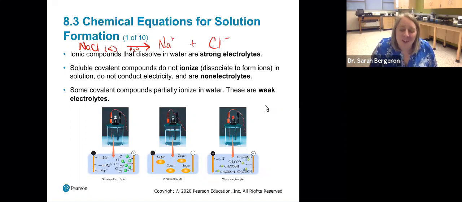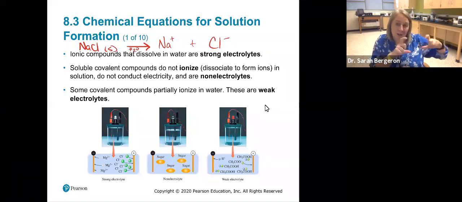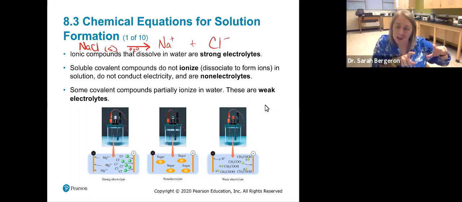We call them strong electrolytes because they can propagate an electrical signal, right? Anything that has ions inside of it can propagate electricity. If you've ever seen a tag on a blow dryer, do not drop in the water, you will be electrocuted. Why?